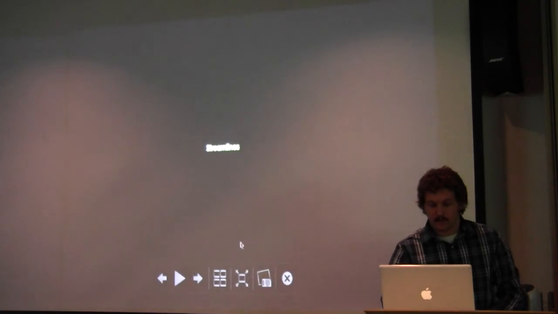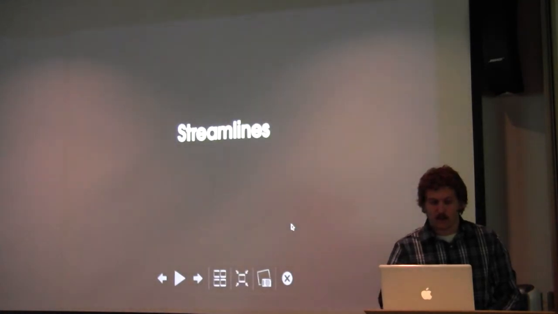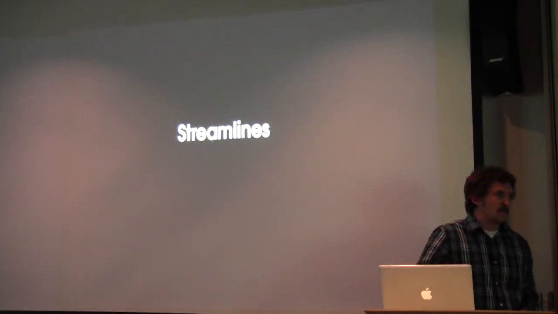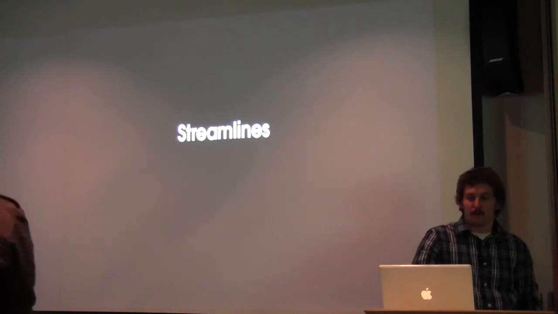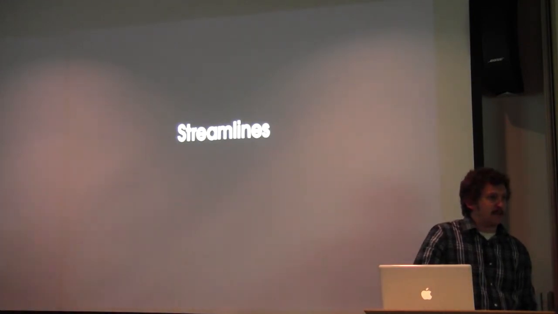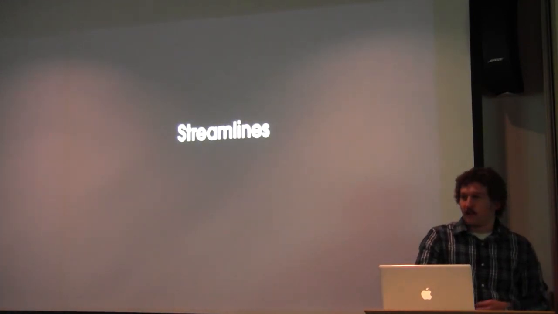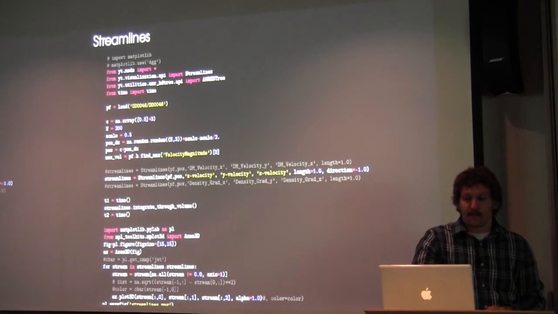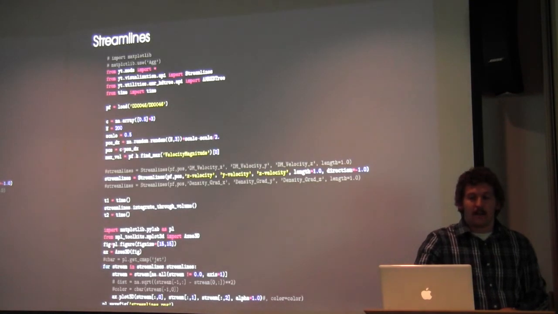As a kind of ending note, we didn't have too much time to fit this into any other part of this workshop, but utilizing some of the same framework that's used in the rendering, you can create streamlines of your data. There's a stream_test.py in that scripts directory. Feel free to take a look at that.